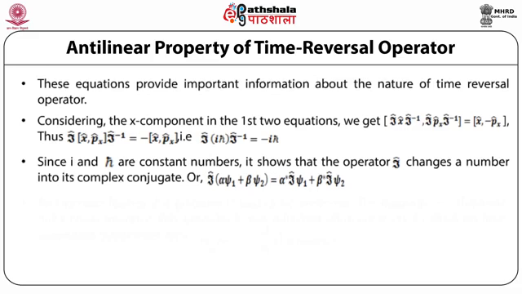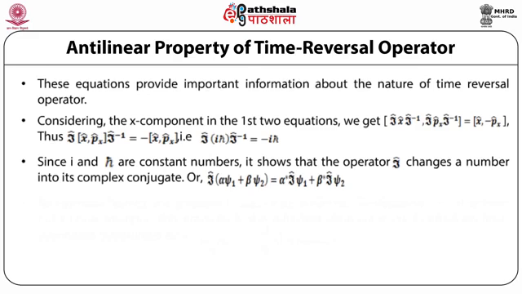So in this manner, one can see that both i and h cross are constant numbers, and it shows that the time reversal operator changes a number into its complex conjugate. So if the number is a complex number, then the operation of the time reversal operator on that number simply changes that number into its complex conjugate.